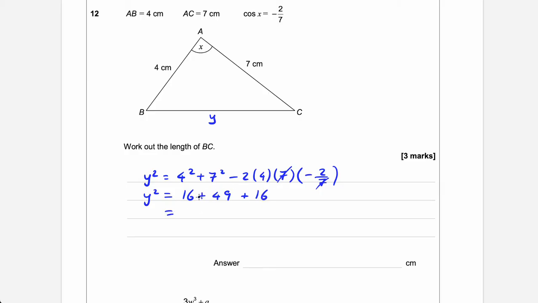Now I have 16 plus 16 plus 49, which is 49 plus 32, which would be 81. So y squared is 81. Therefore, y is equal to the square root of 81, which is 9. So it's 9 centimeters.